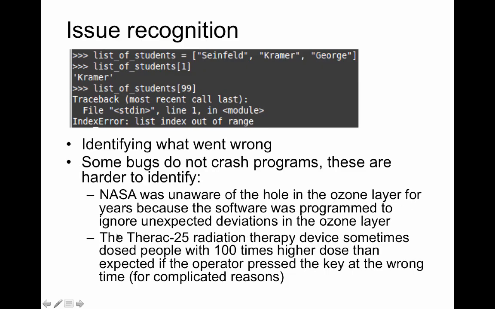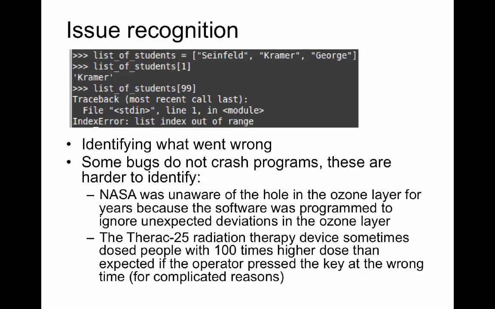The second one, there's a radiation therapy device from a long time ago called the Therac 25, and instead of people getting a dose of the radiation that they needed, it gave them a dose 100 times higher than the dose that they were expecting. This is awful.